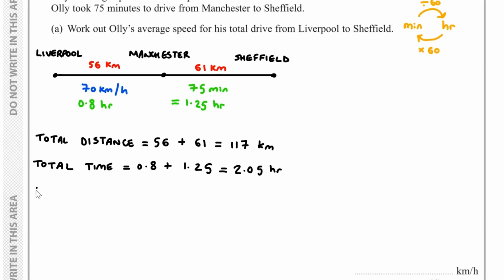So therefore, the average speed is equal to the total distance, 117 kilometers, over the total time, which is 2.05 hours.